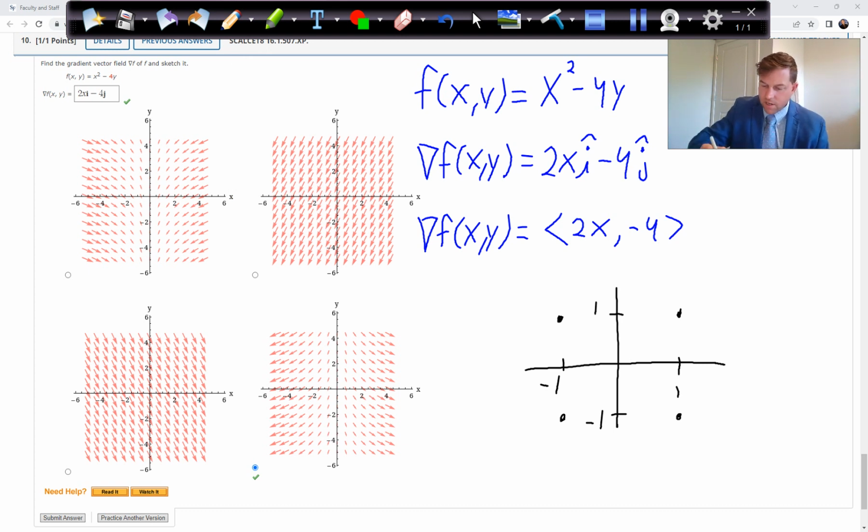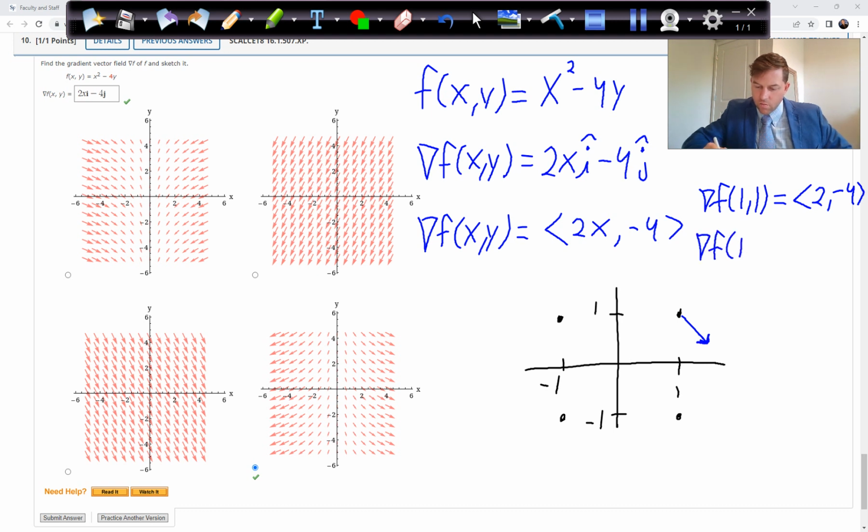So this first dot is at (1, 1). So the gradient at (1, 1) is going to be equal to <2, minus 4>. So x is 1, so the only term that changes is x. So this is going to be 2 to the right and 4 down, so it's going to point like this. Okay, then we try (1, minus 1), which is quadrant 4.